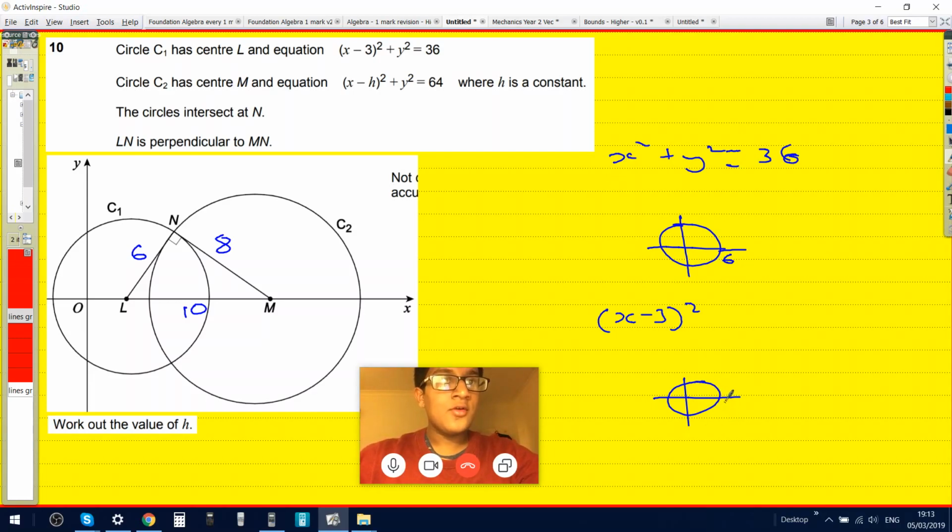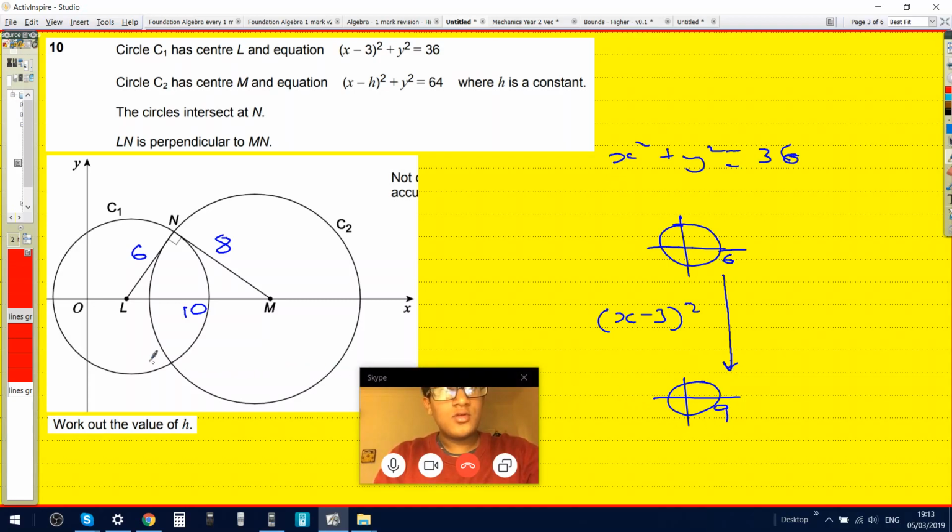So then you know that OL is 3 in length. What is this x coordinate? Oh, sorry. So that's 6. Now it will be 9, 0.